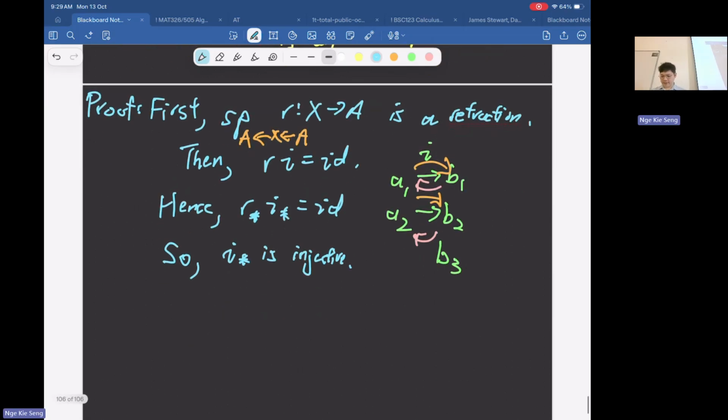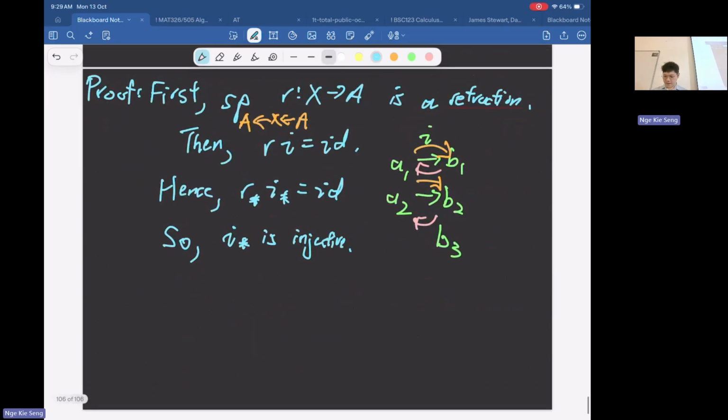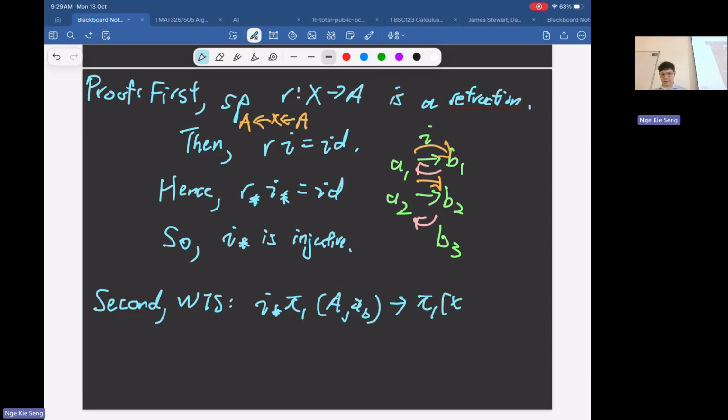Okay, how about the second case? Second, I want to show that i star from pi 1 of A at x naught to pi 1 of X at x naught is surjective. Meaning, I gave you one loop in X at x naught.